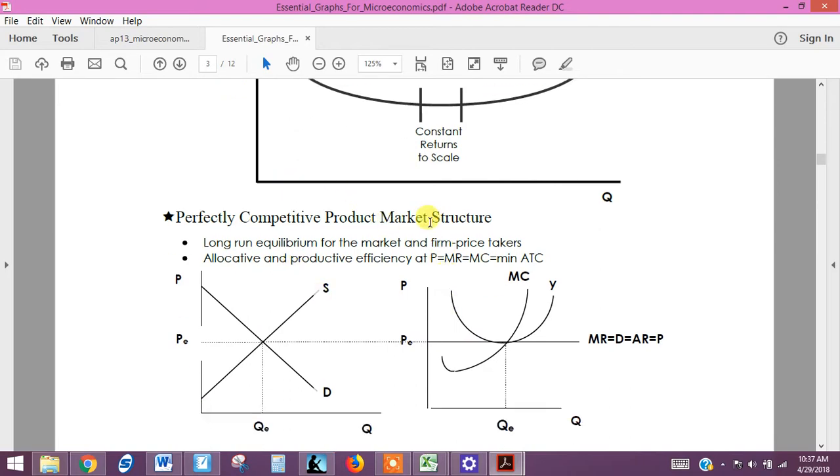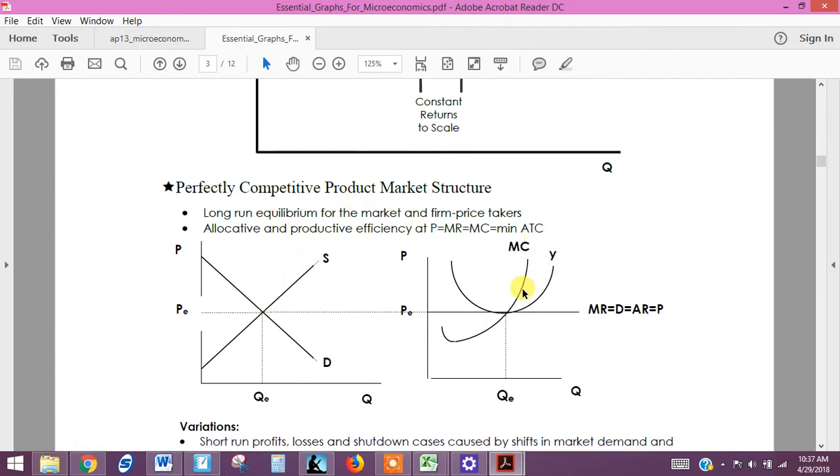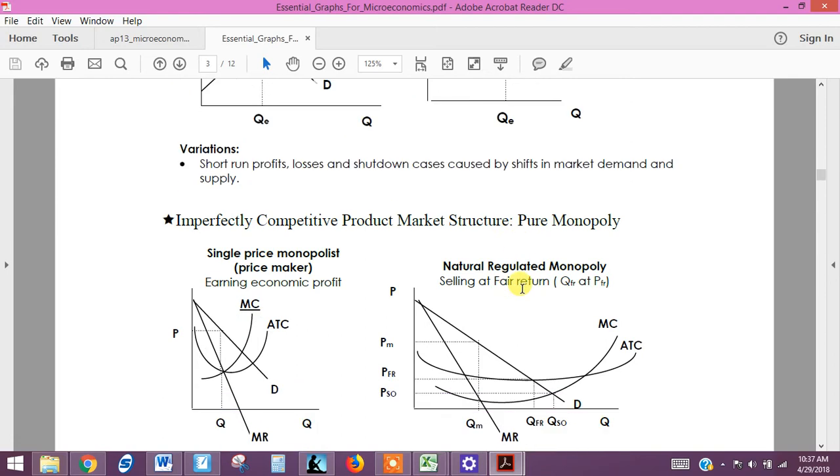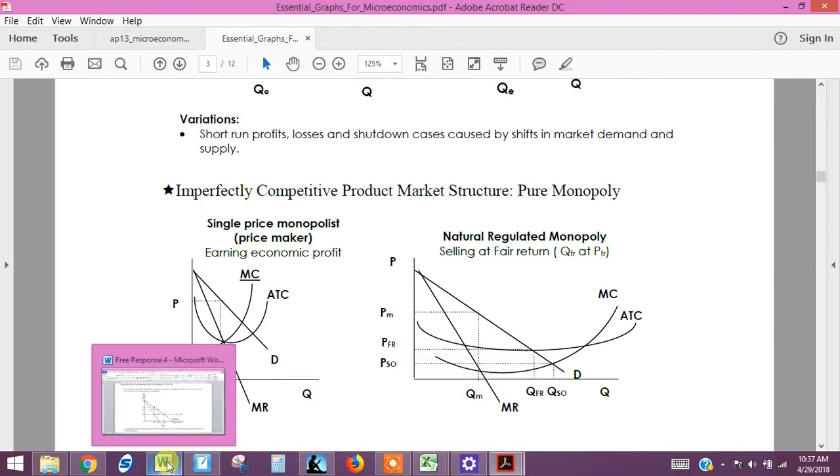So here's one for the perfectly competitive product, market, and firm, but we're going to look at the monopoly, which is right here. Now, the one they've drawn here is a little bit different, because the one they're giving you in this question, the average total cost curve is a perfectly flat horizontal curve, because they've given you one right here.